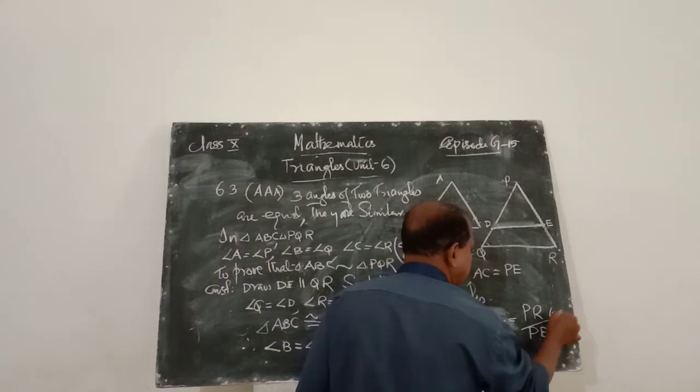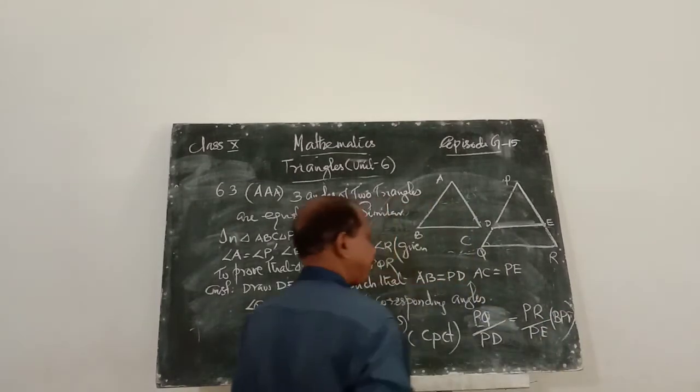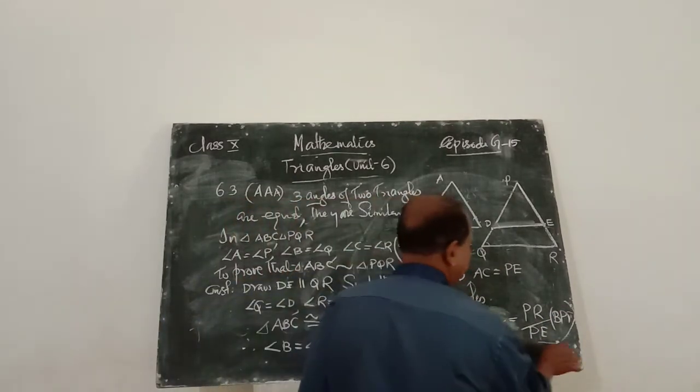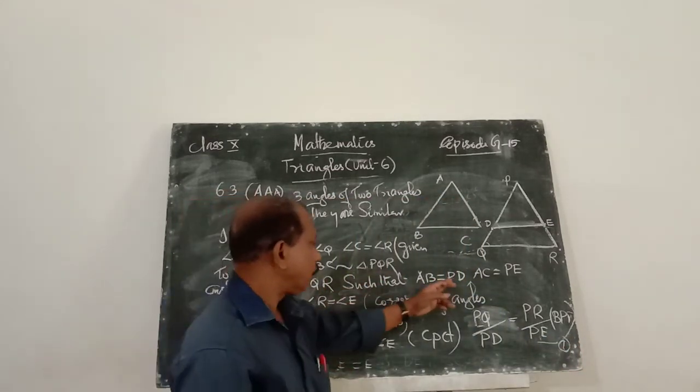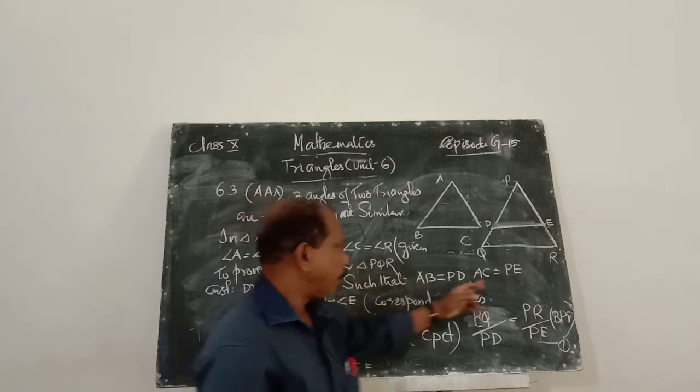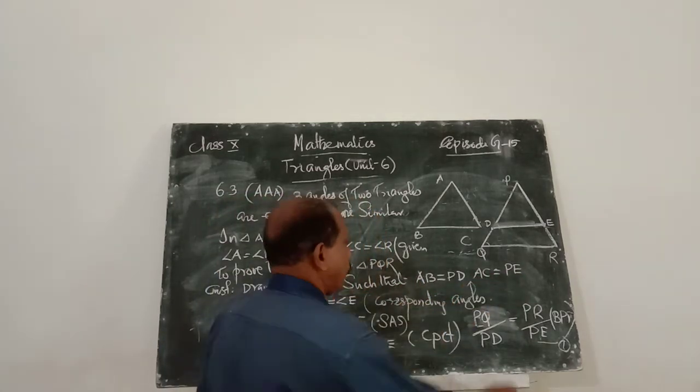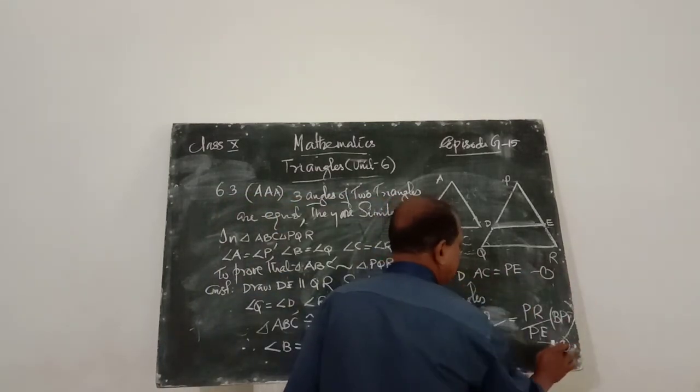That is the basic proportionality theorem. This equation. Then we know that PD is equal to AB and PE is equal to AC. Therefore, this is equation number 1, this is equation number 2.